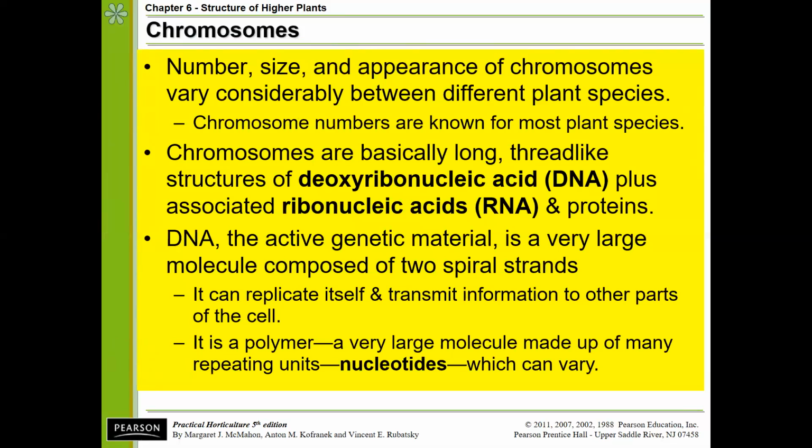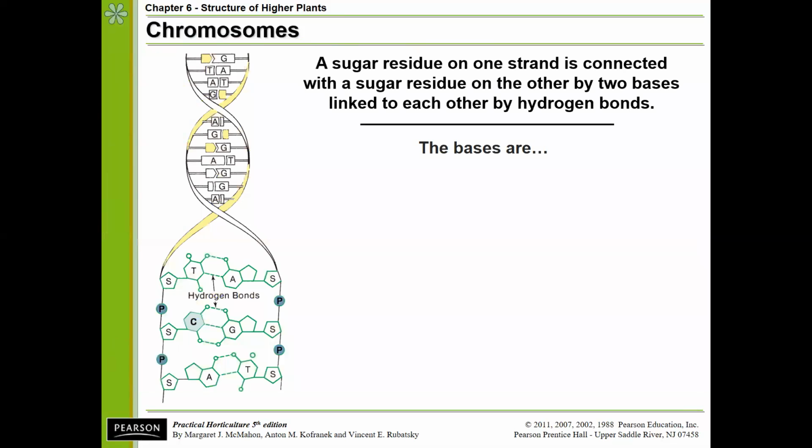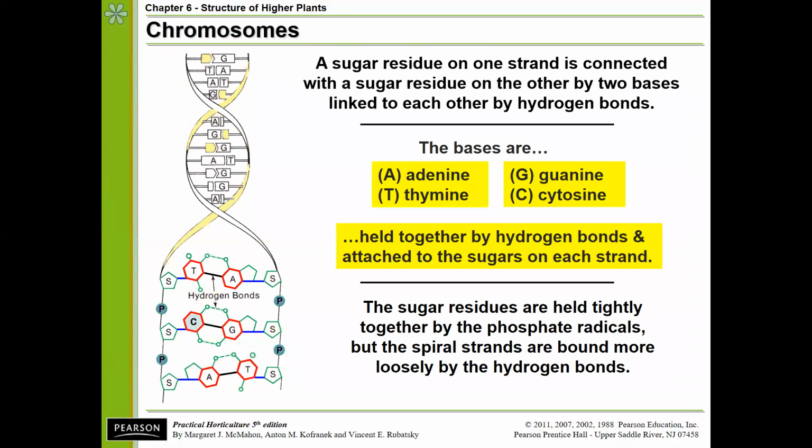Again, it's made up of many repeating nucleotides. In the base pairs, the adenine, thymine, guanine, cytosine, held together by hydrogen bonds in this double helix shape.